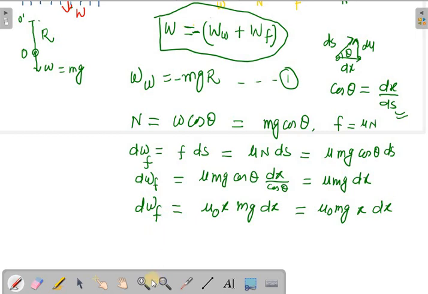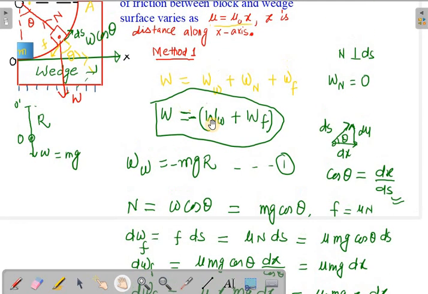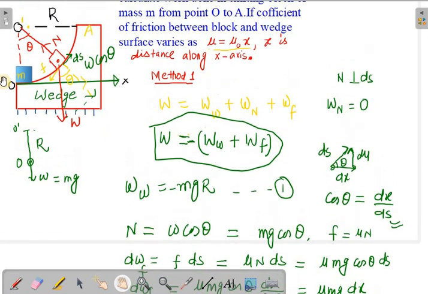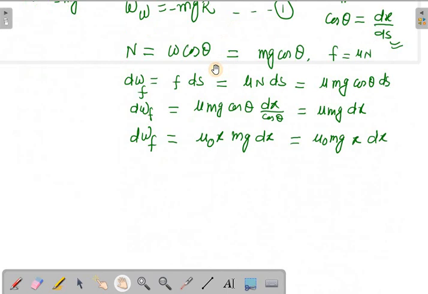We want to calculate the total work done. When the block reaches from O to A, the distance covered along the horizontal axis will be equal to the radius r. So we can write here W_f will be equal to mu naught mg, integrating x dx from 0 to r.